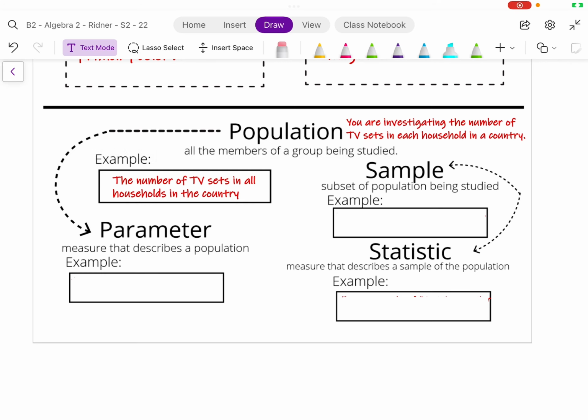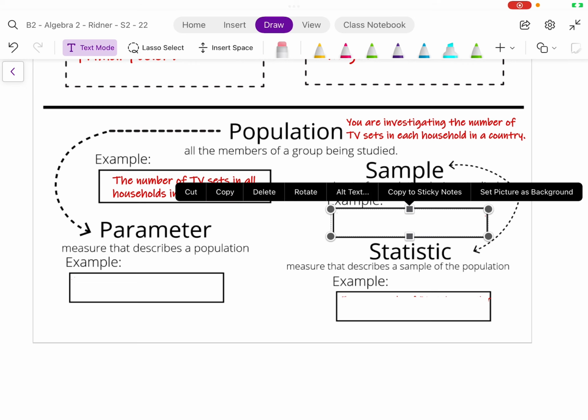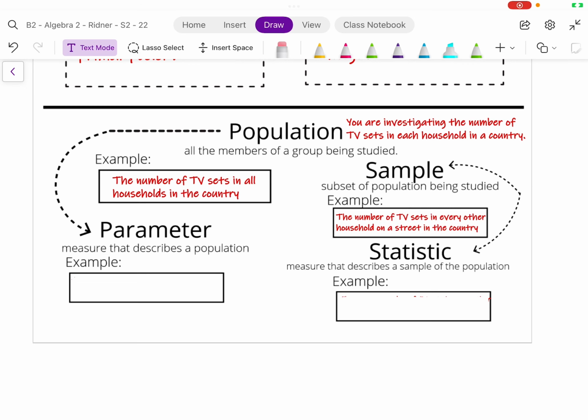Therefore, the population is all of it, everything in the household in the whole country. Whereas a sample is just a piece of that. So a piece of that would be something like a number of TV sets in every other household on a street in the country. Okay, so we're only taking data from a street, and it's every other household. It's not everybody. It's not the whole population.